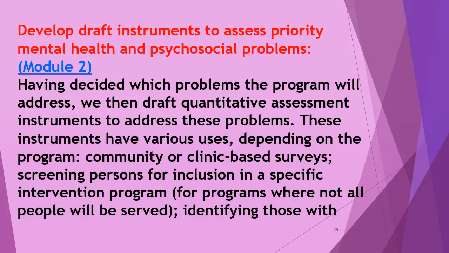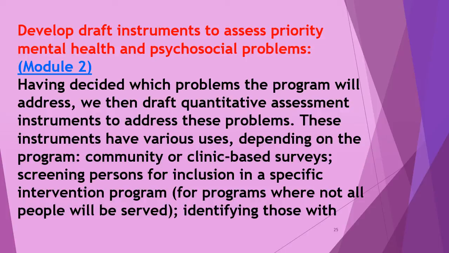Module 2, develop draft instruments to assess priority mental health and psychosocial problems. Having decided which problems the program will address, we then draft quantitative assessment instruments to address these problems.